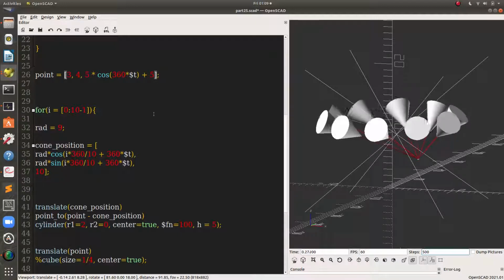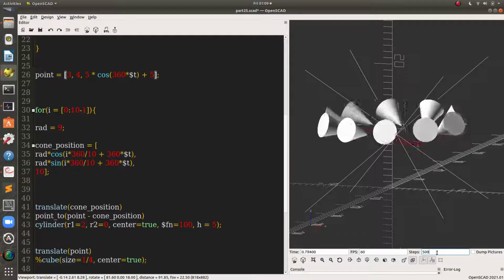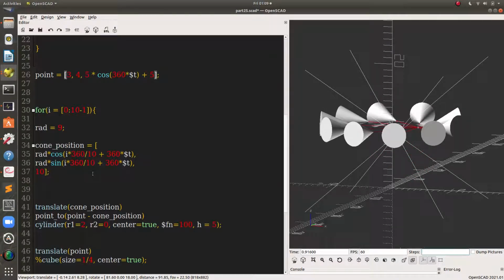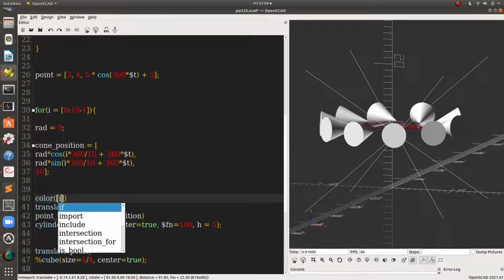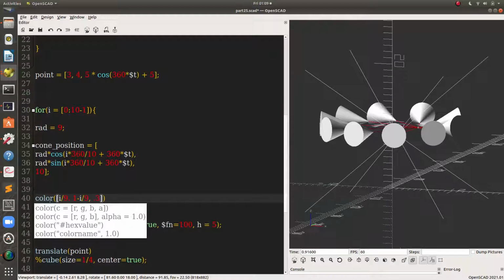And maybe I can add a bit of color. Over 9, minus i over 9.3.